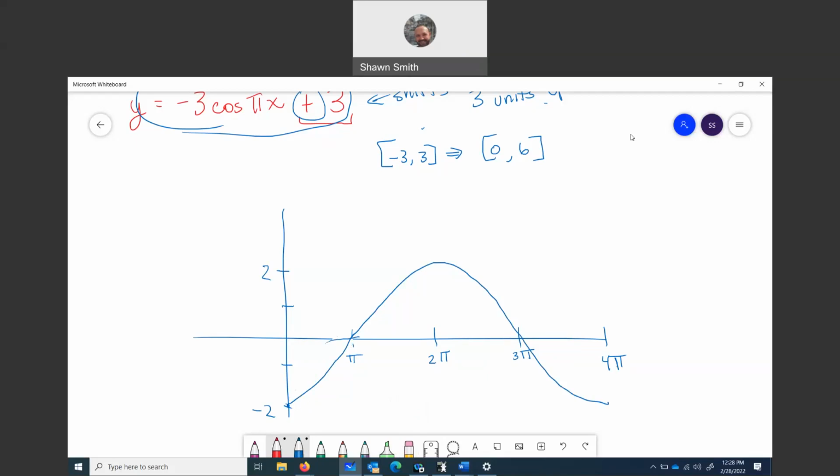And then the shape of the graph, you can tell, is it a sine graph or a cosine graph?